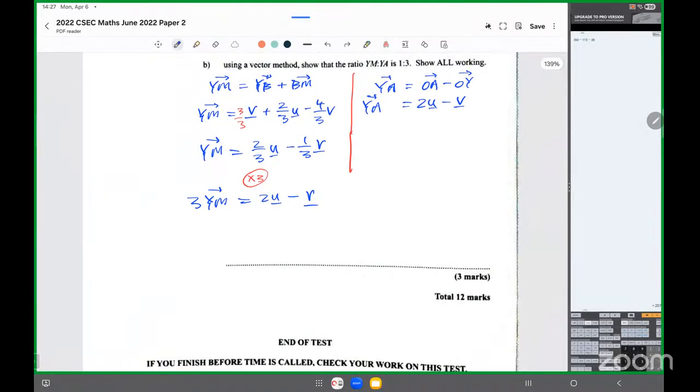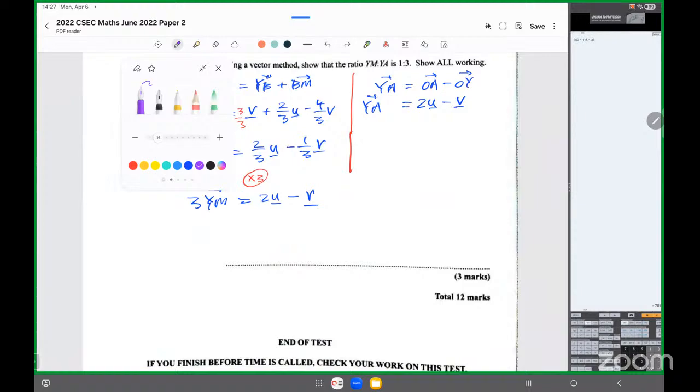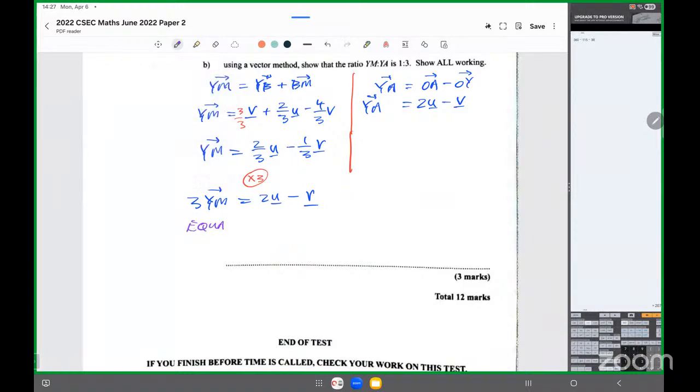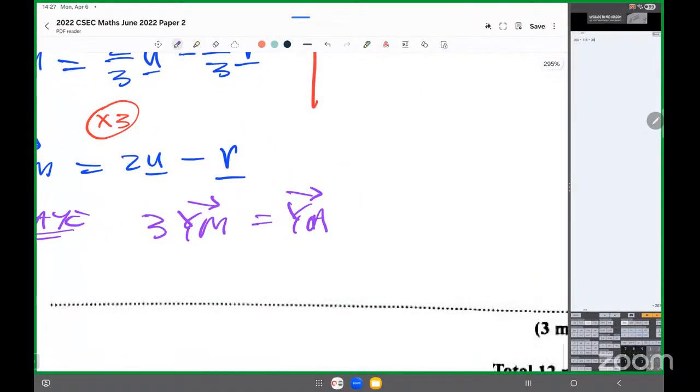I wanted that space, so I'm going to do it down here. Let's do that part in purple. So now we're going to equate. We get 3YM is now equal to YA. That's what we have.